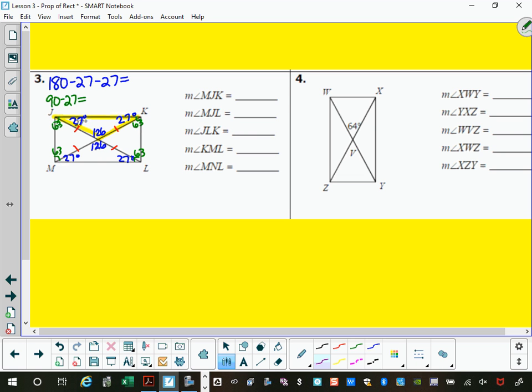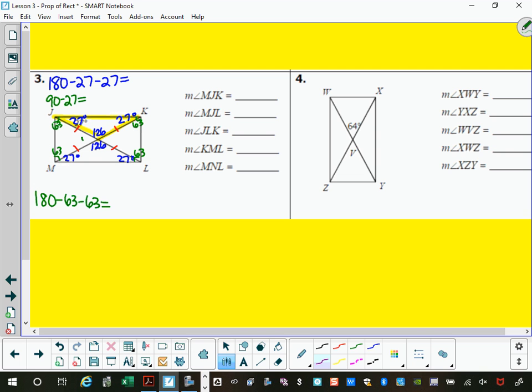How can I figure out that top vertex angle? 180 minus 63. So let's do 180, because we're just looking at this one triangle for a second, minus 63 minus 63. What do we get? 54.